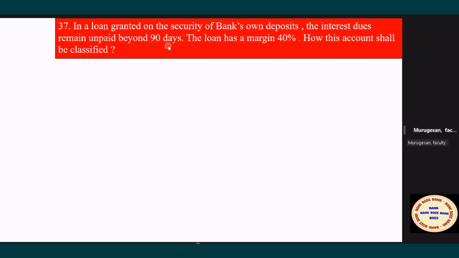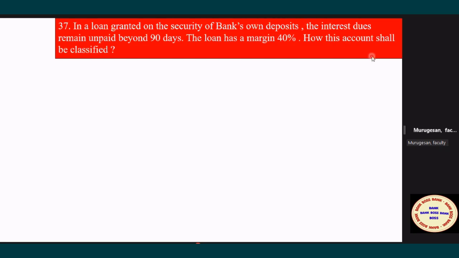The normal rule is that if the interest debited is not paid after the expiry of 90 days, the account will slip into NPA. This is the standard rule.